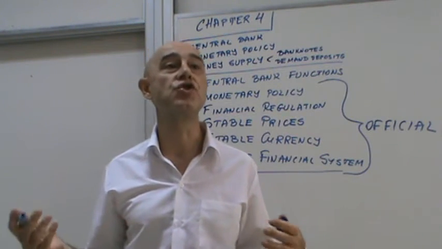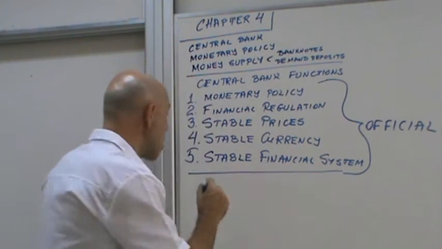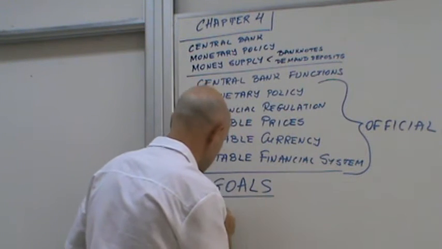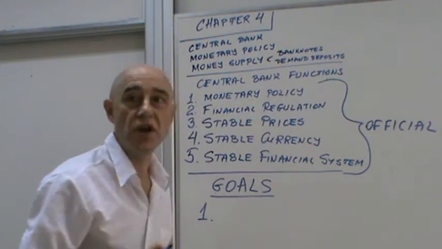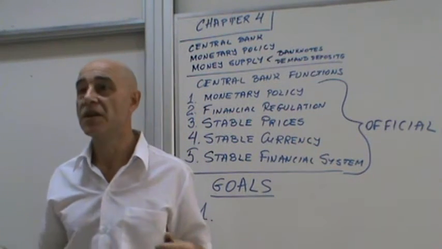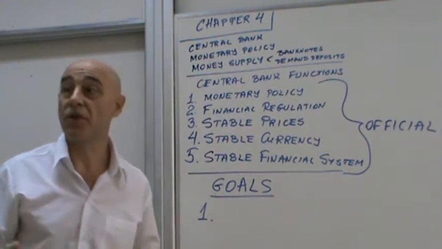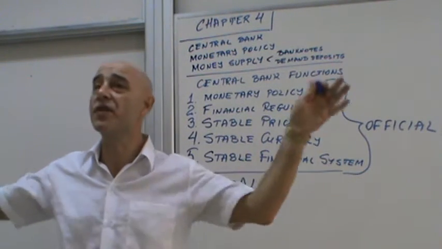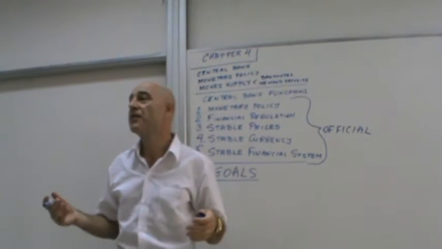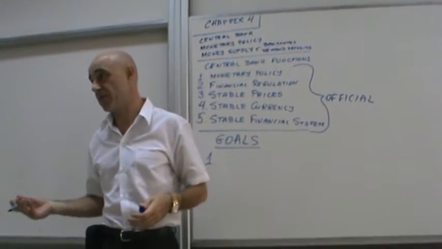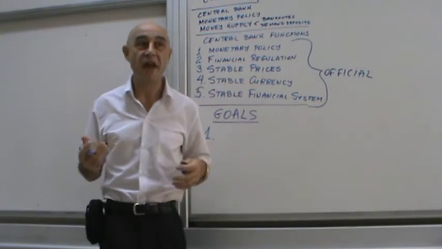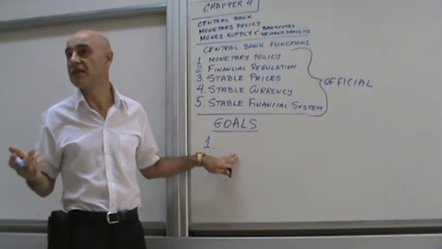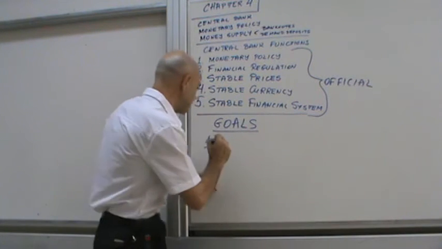They want to achieve specific goals. And the goals are very simple. Number one, the first primary goal, and therefore objective above everything else, is financing the government. The main job of the central bank is to finance the government. That's it.